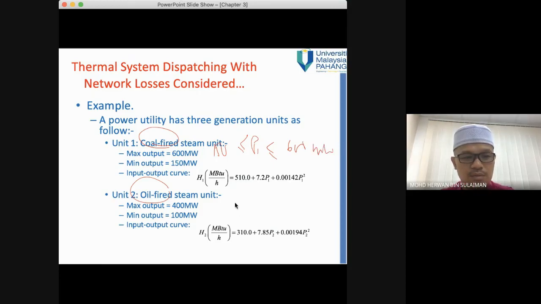Our P2 must also be operated between 100 and 400 megawatts. It's given the heat rate curve equations, so you need to multiply by the unit price to get the cost function.